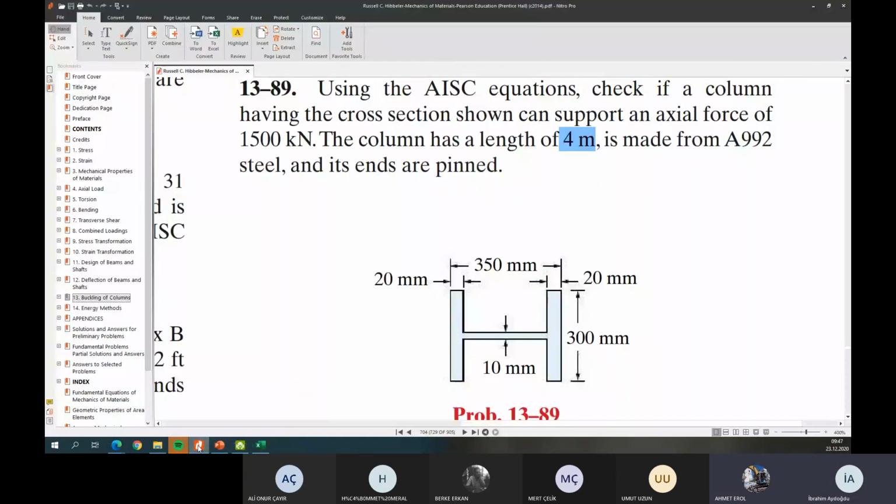How much? The middle is 10, right, hocam? Yes. Thickness is 10. Length, I'm a little bit confused. Which one is 350? Outer distance is 350, I think. Inner distance is 310.